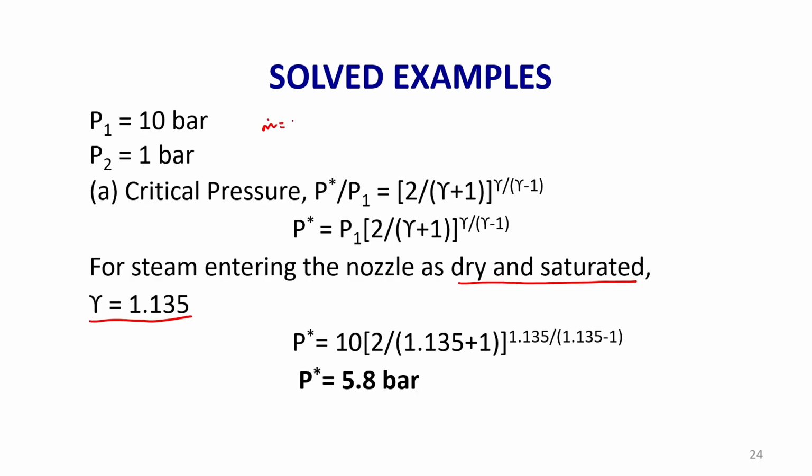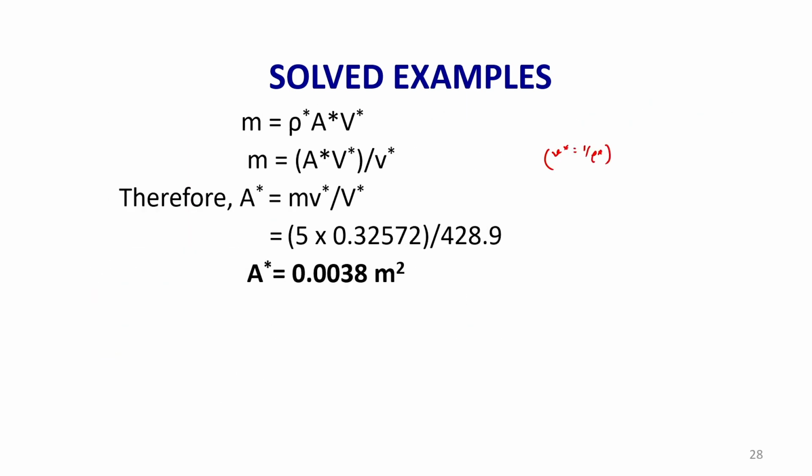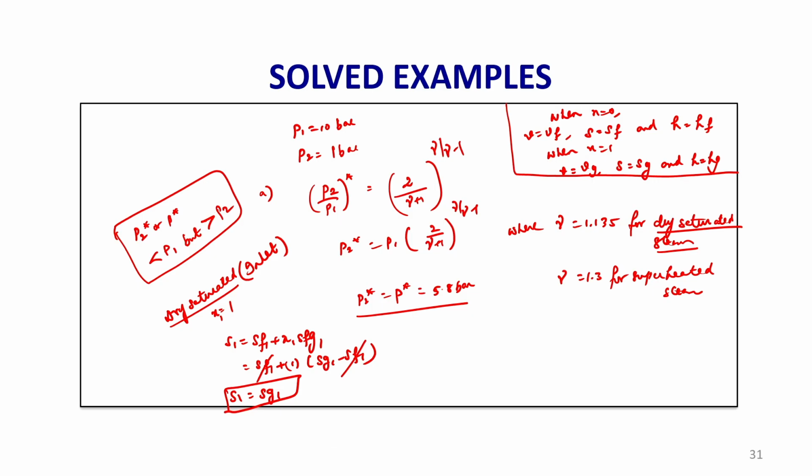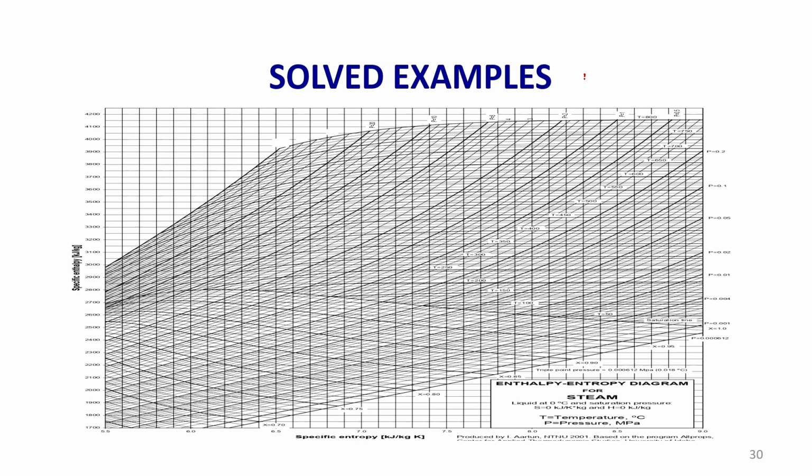So, m dot is equal to 5 kg per second, which is given. So, I get the area at the throat as 0.0038 meter square. So, the same problem can be solved by using the Mollier diagram.